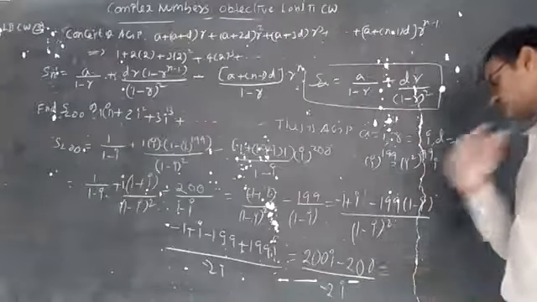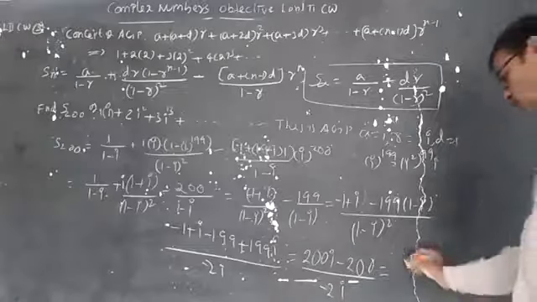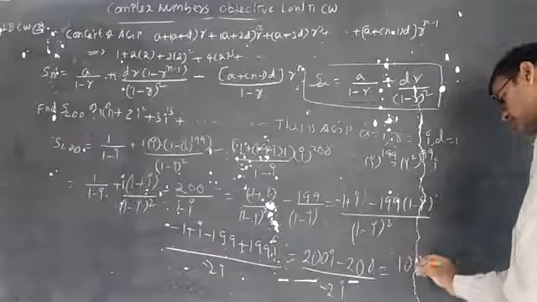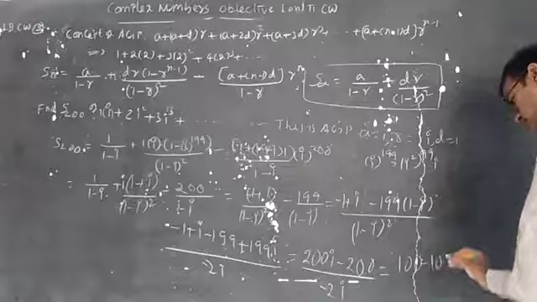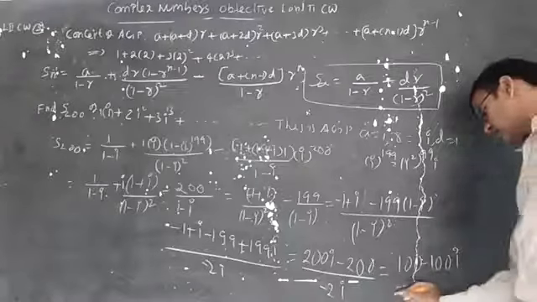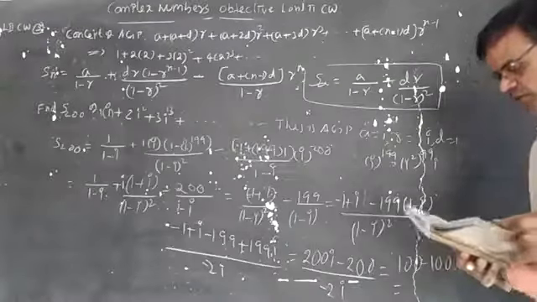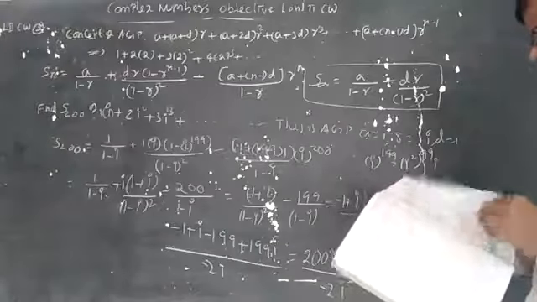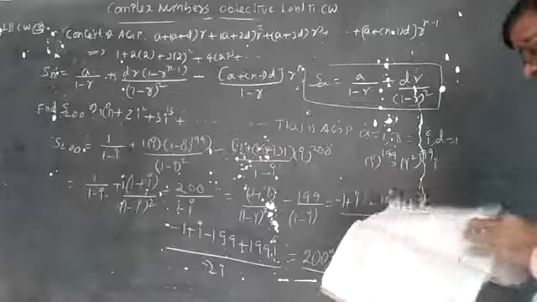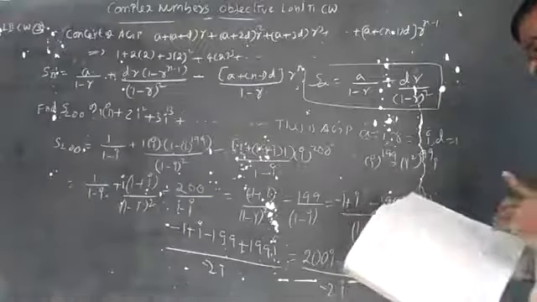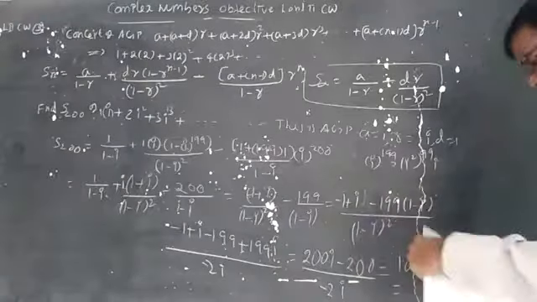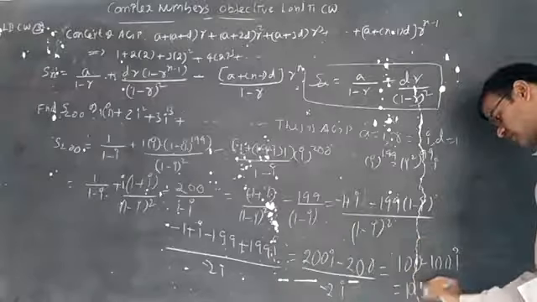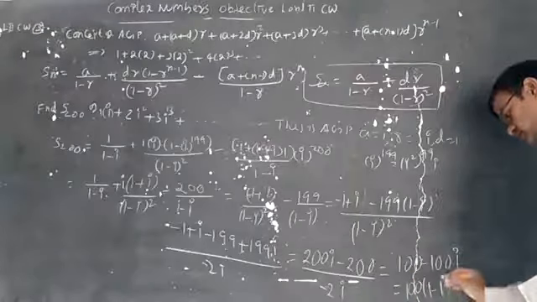That is equal to 100 minus 100i. Taking 100 common, 100 into (1 minus i), given as the second option. Yes, 100 into (1 minus i).